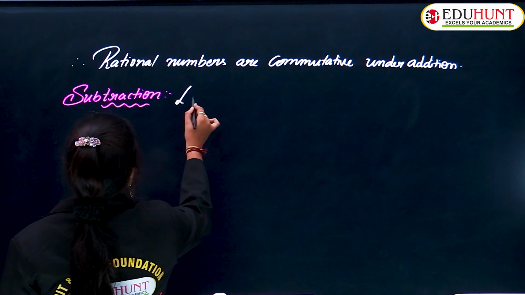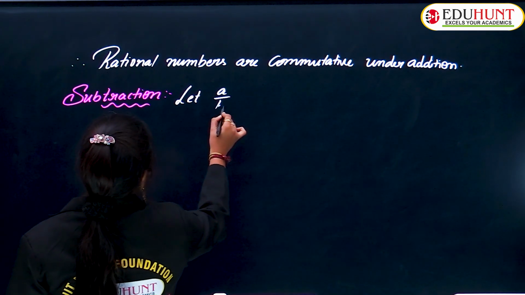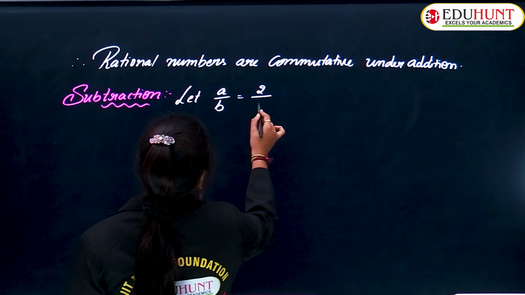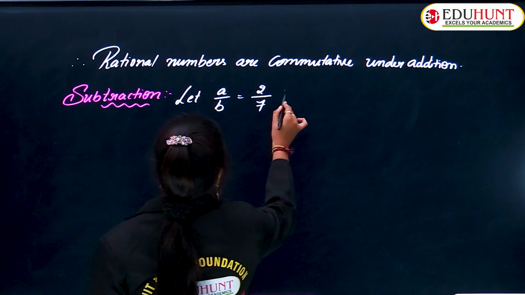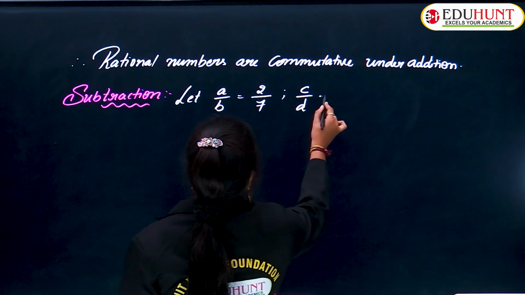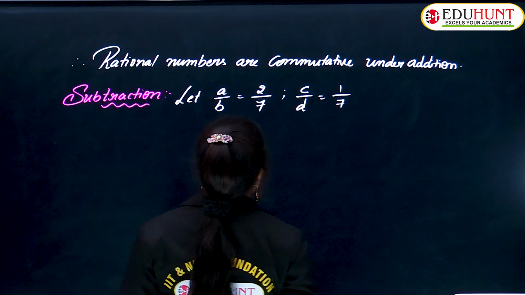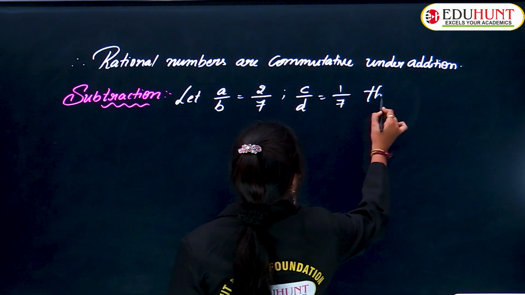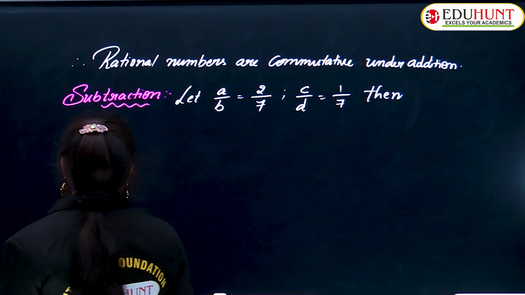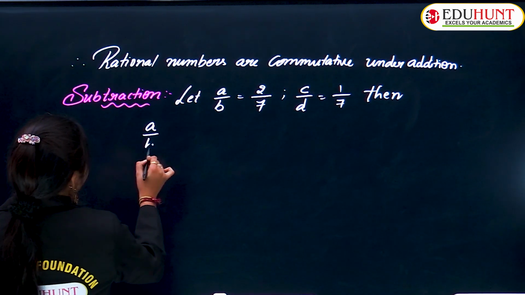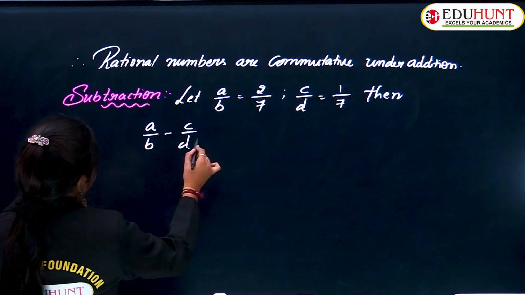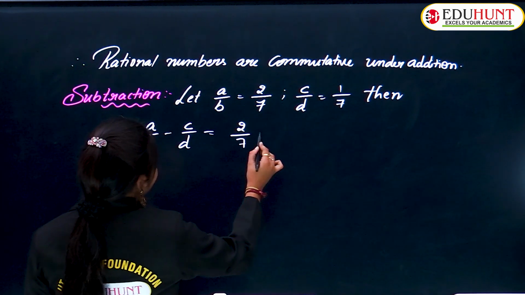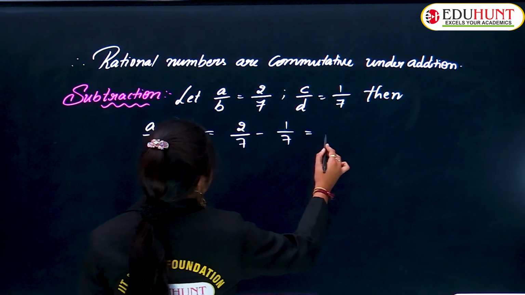Let a/b equal 2/7 and c/d equal 1/7. Then a/b minus c/d equals 2/7 minus 1/7.